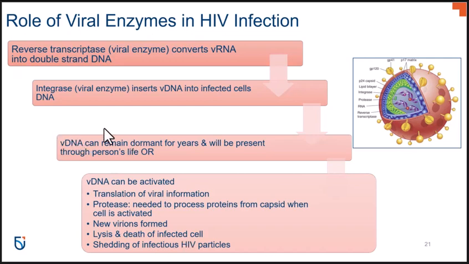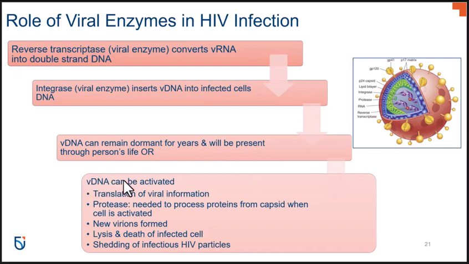Using a second viral enzyme called HIV integrase, the newly formed DNA is inserted into the human cell's genetic material, where it can remain dormant. If it's dormant, it will remain present throughout the person's entire life.